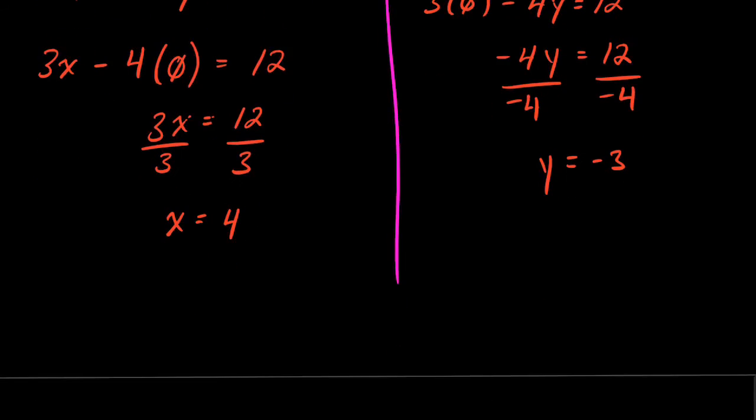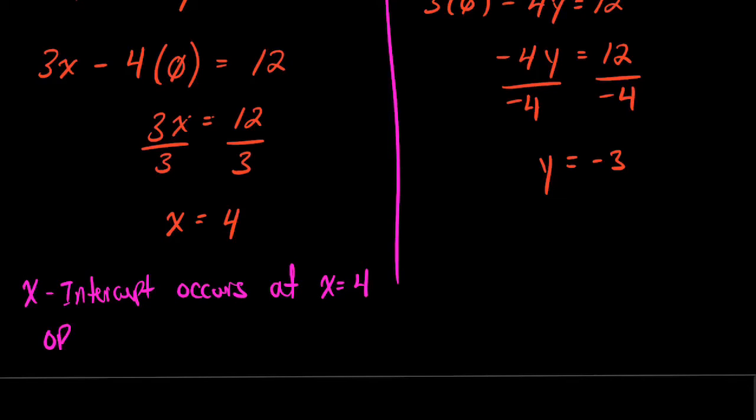So when we're writing this out, we can say that the x-intercept occurs at x equals 4, or we can write this in coordinates, (4, 0), right?